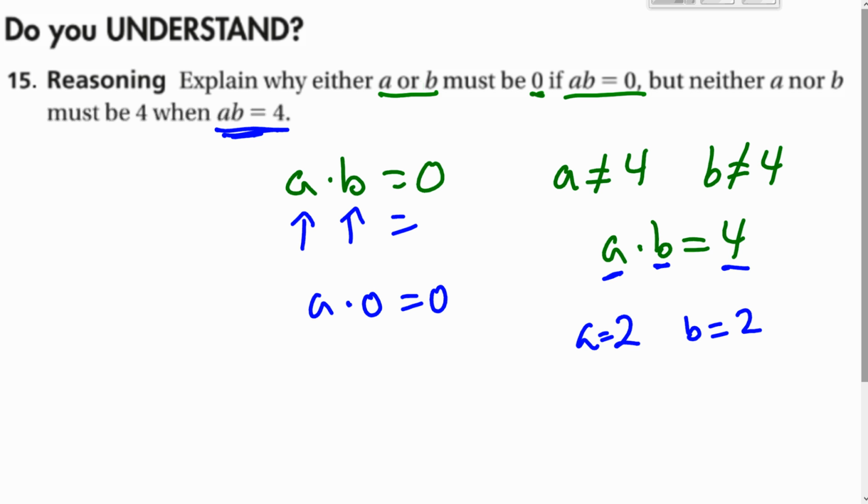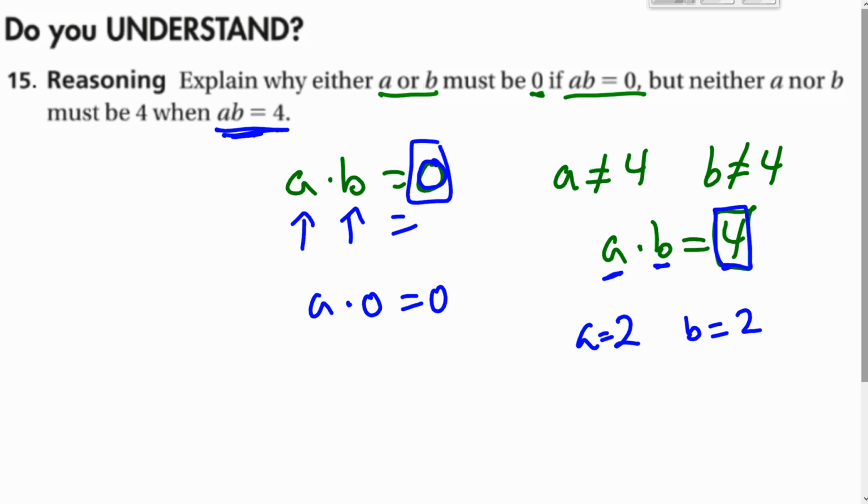So what this is trying to explain is that when you multiply two things and you get an answer, the only time that one of those factors has to be 0 is if your answer is 0. Any other time, like here, A times B equals 4. And over here, A times B equals 0.